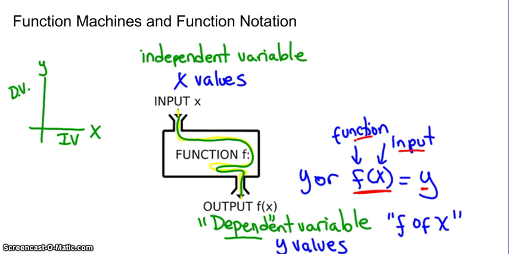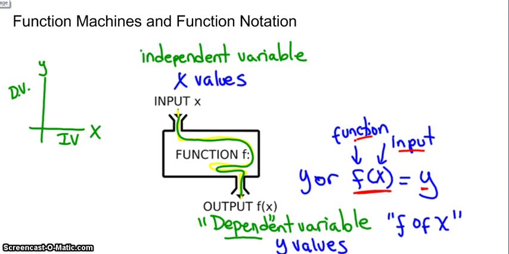Okay? So be careful when you see any questions that say, what does f of x mean? That's what it means. It means f is a function, x is the input, and what you get as your result is f of x, also known as y. Okay, so that's the anatomy of a function machine.